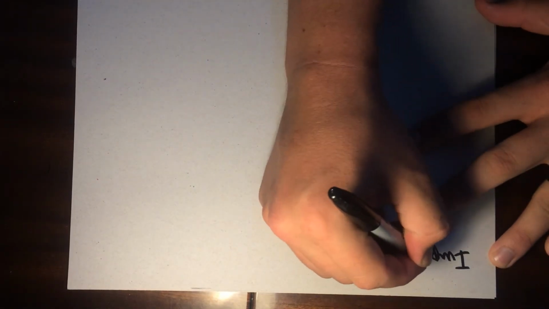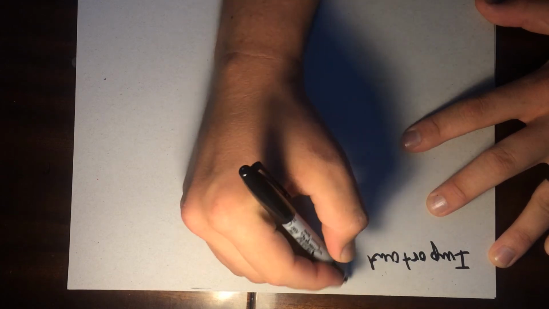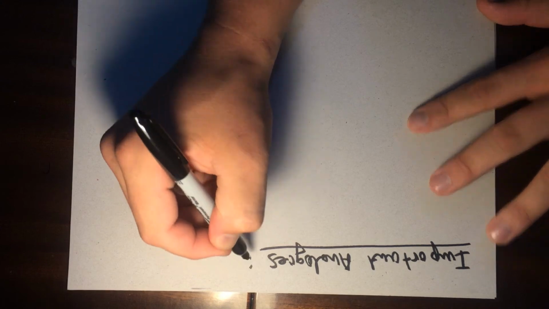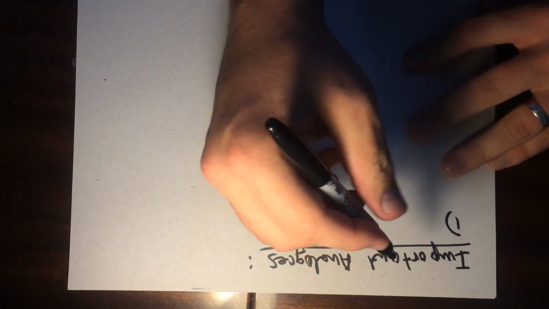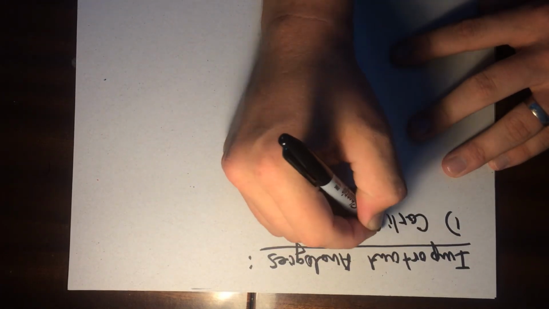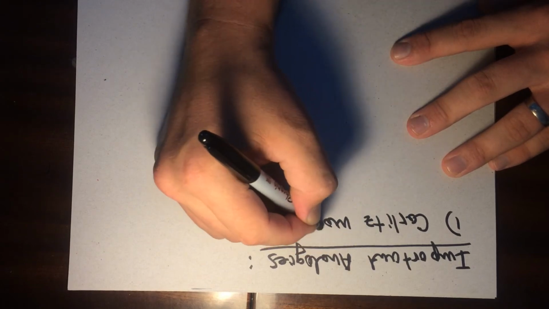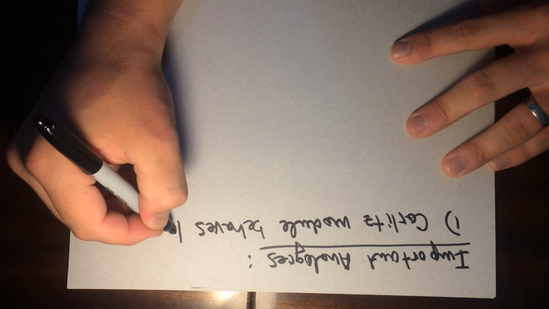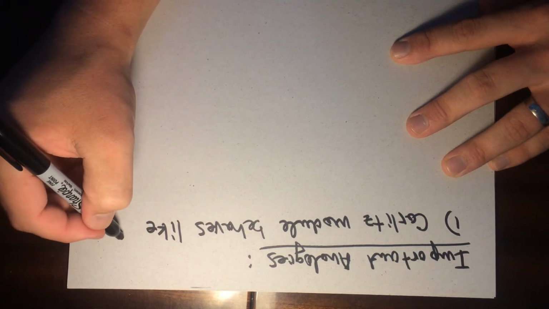Okay, so the important analogies to keep in mind. First, the Carlitz module, well, I am just going to say this, it behaves like G_m.